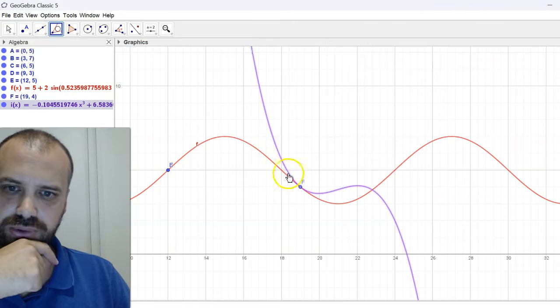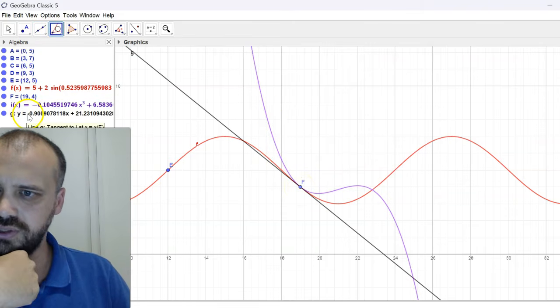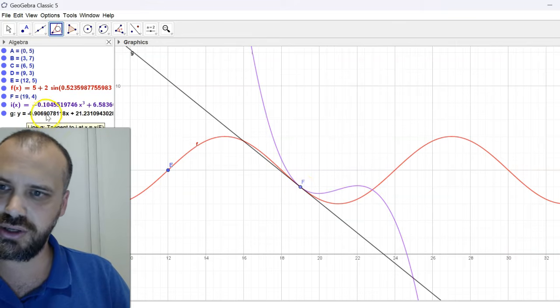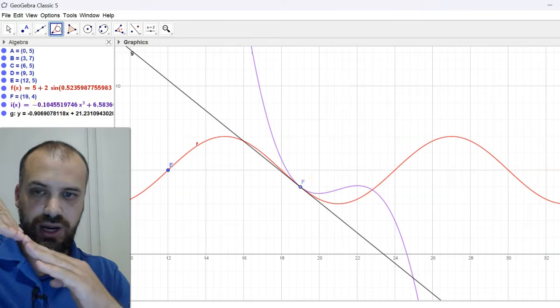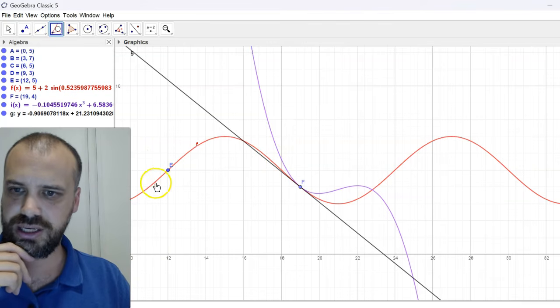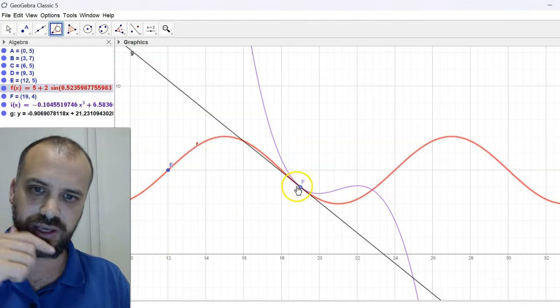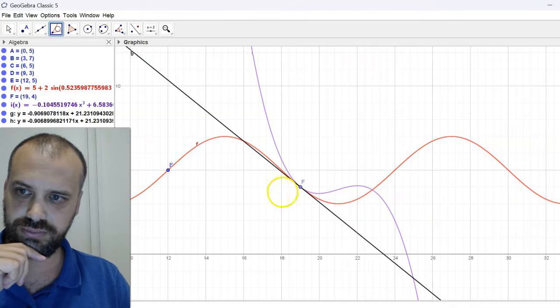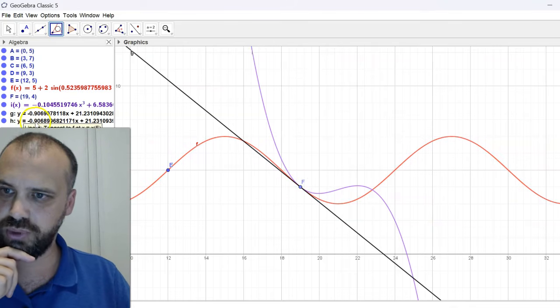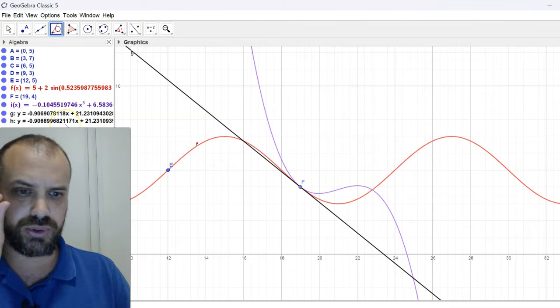Tangent to the purple curve at the point F. Negative 0.9069. All right, so that's the gradient of that black line that I've just created. And now let's do a tangent to the red curve at that point as well. Negative 0.9068. You can see a small error there.